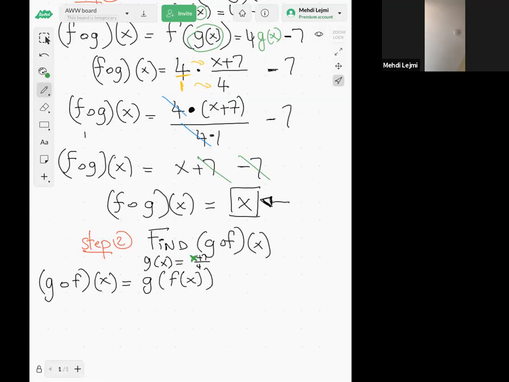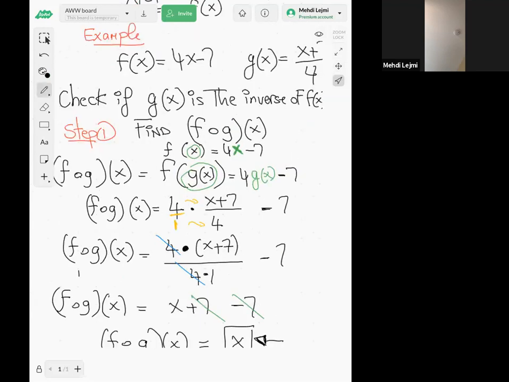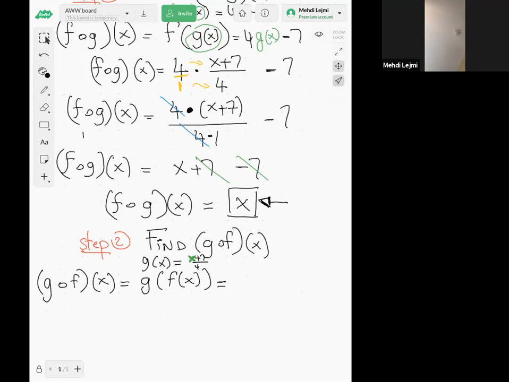So here we substitute x by f, and my f is 4x minus 7. So here we're going to have 4x minus 7, and that is plus 7, and then the whole thing divided by 4.